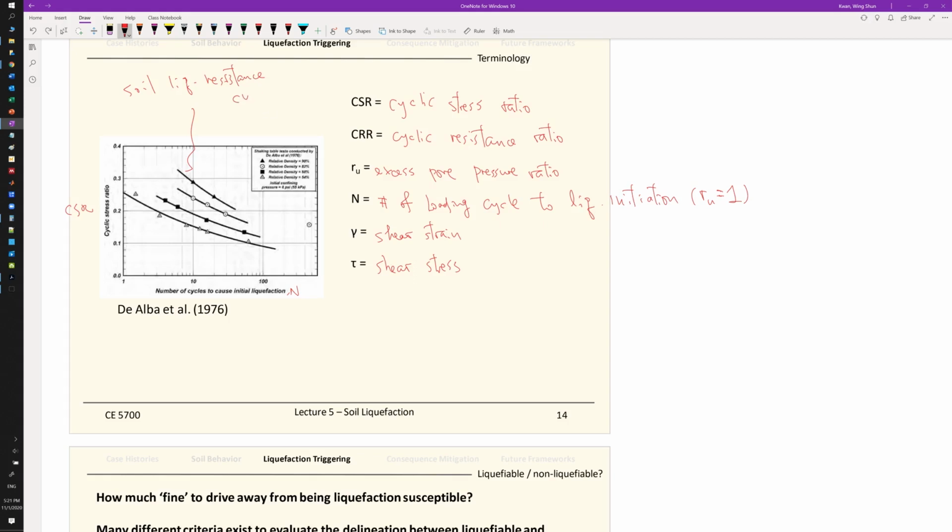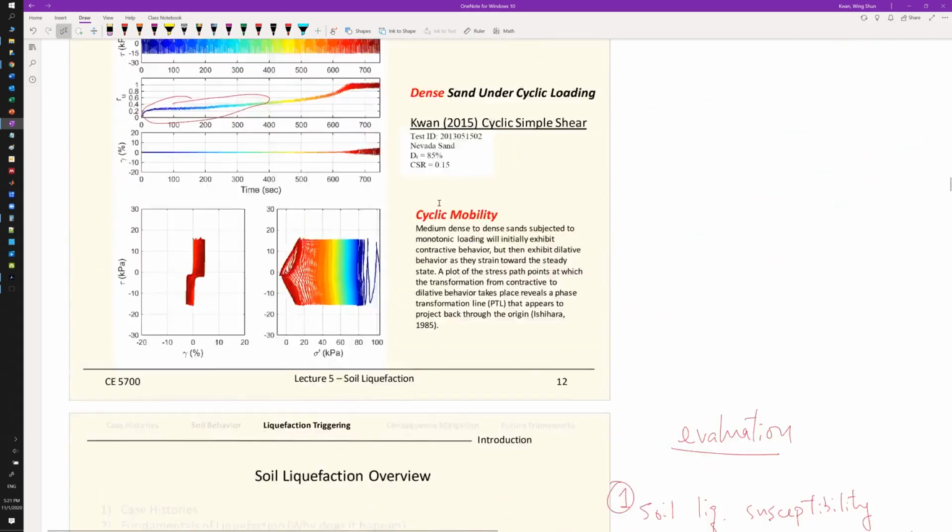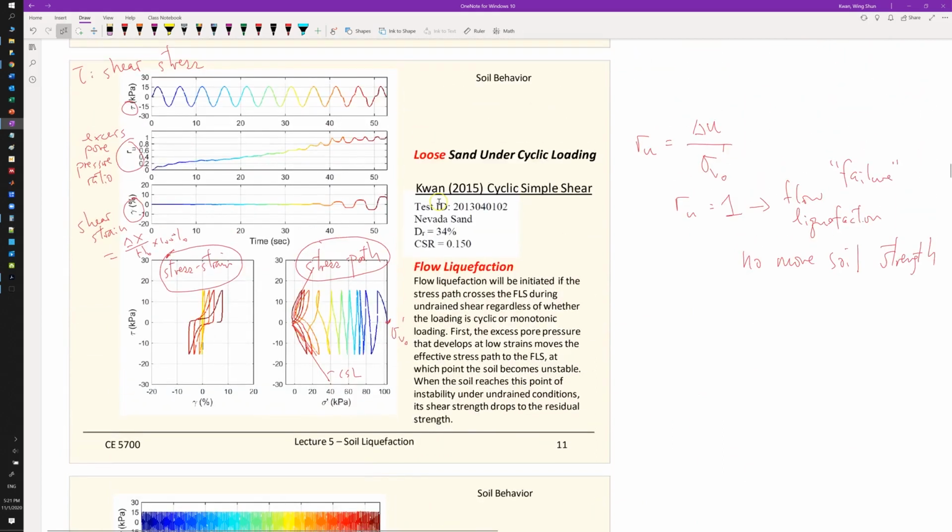So this is established from experimental data. Each data point here represents one cyclic simple shear or cyclic triaxial test. They investigate how many cycles it takes to reach liquefaction initiation. So for example, here is one data point.